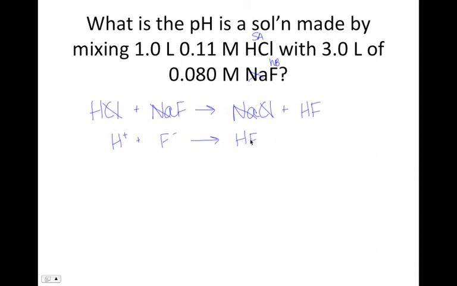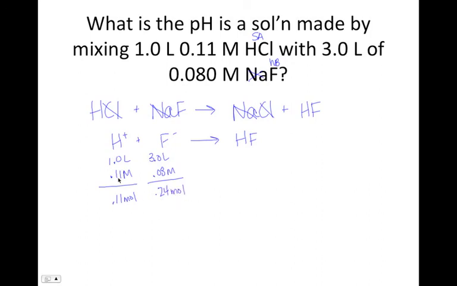So now I'm going to look at what I have, find out what my limiting reactant is. So I have 1 liter of 0.11 molar of the hydrochloric acid. I have 3 liters of 0.08 molar sodium fluoride. So this works out to 0.11 moles. This works out to 0.24 moles.